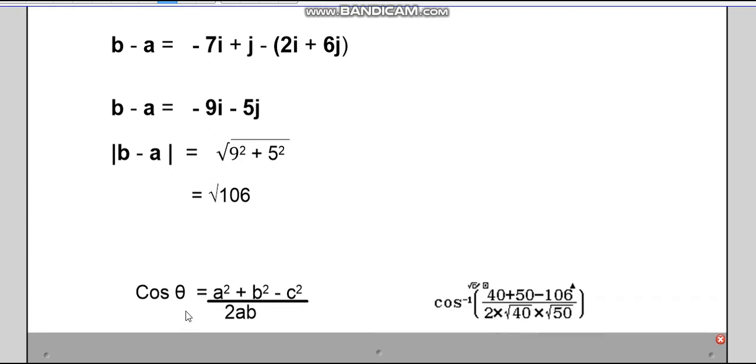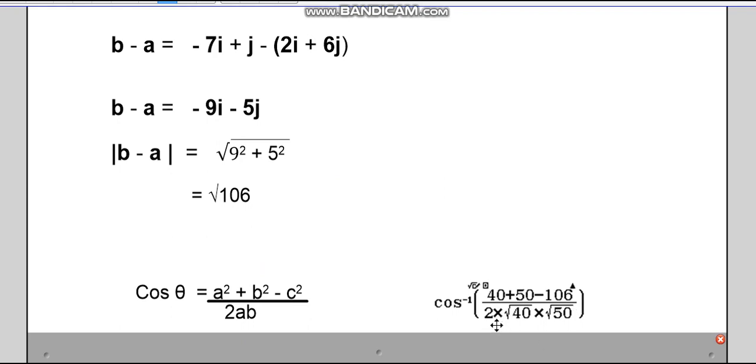Okay, so here's the cos rule. And because I left my answers for the modulus, for the length, in exact form, it makes filling this in nice and straightforward. So the modulus of A was root 40, so A squared will be 40, and the modulus of B was root 50, so root 50 squared is 50, and so on, same for root 106.